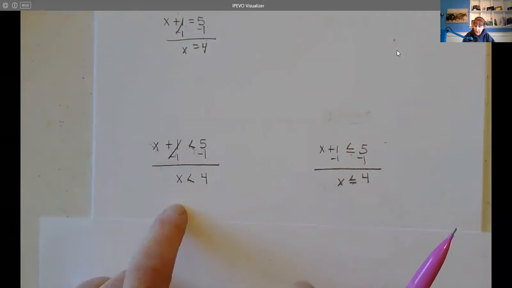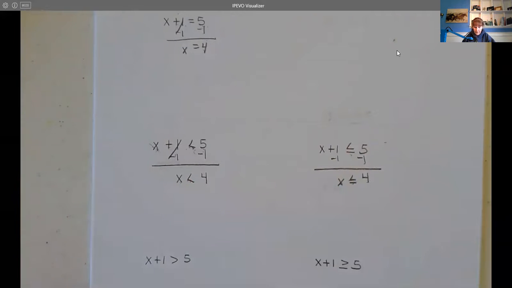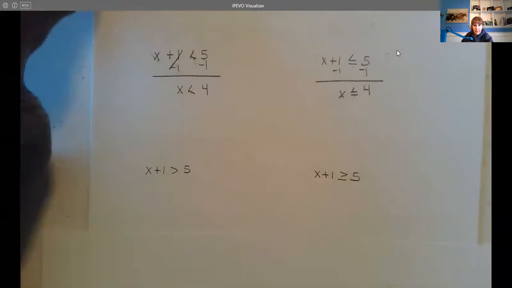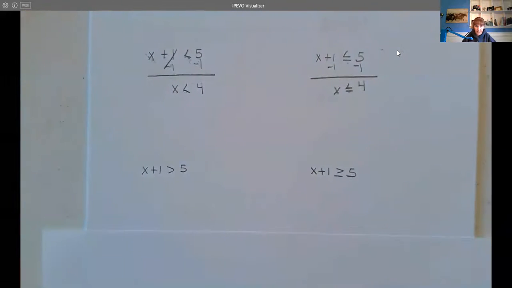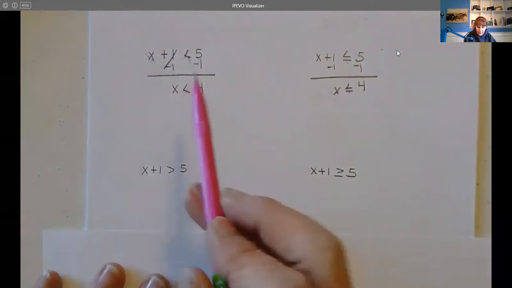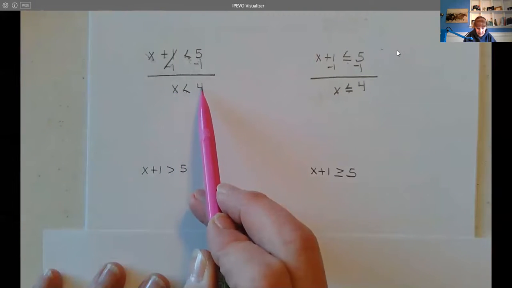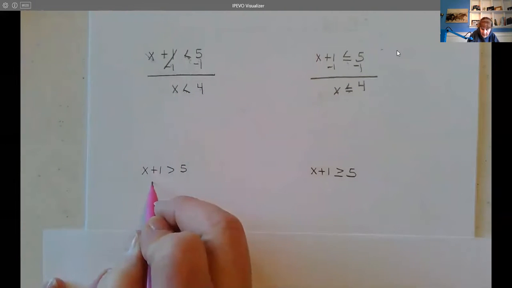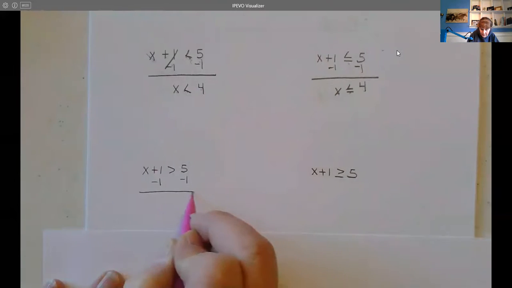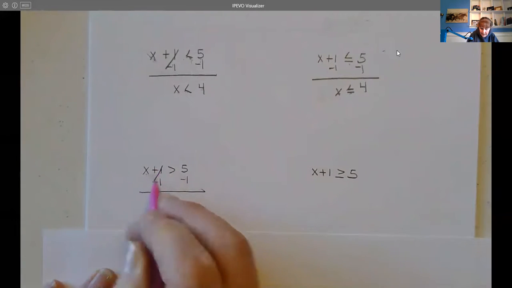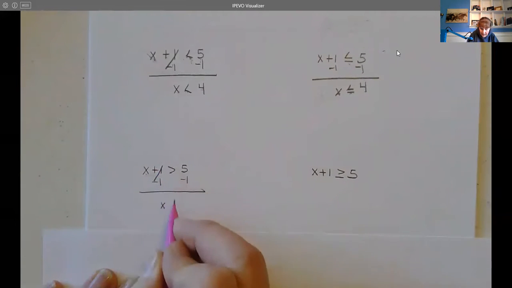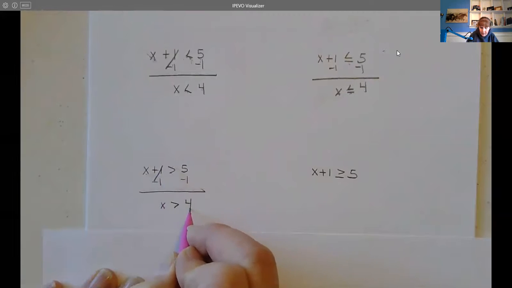Okay. The same way with greater than. Maybe we want our x, whatever it happens to be, add 1 and have it greater than 5, rather than less. Here we want the x's smaller than this 4. Solving this, we have x's greater than, is how that's read, 4.